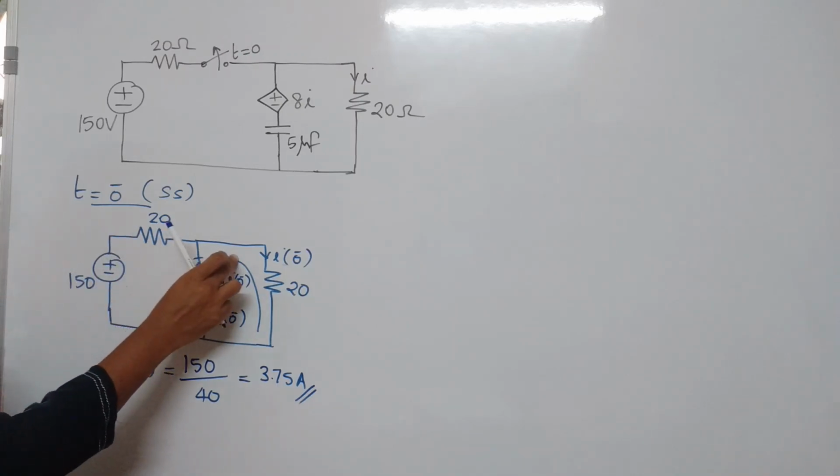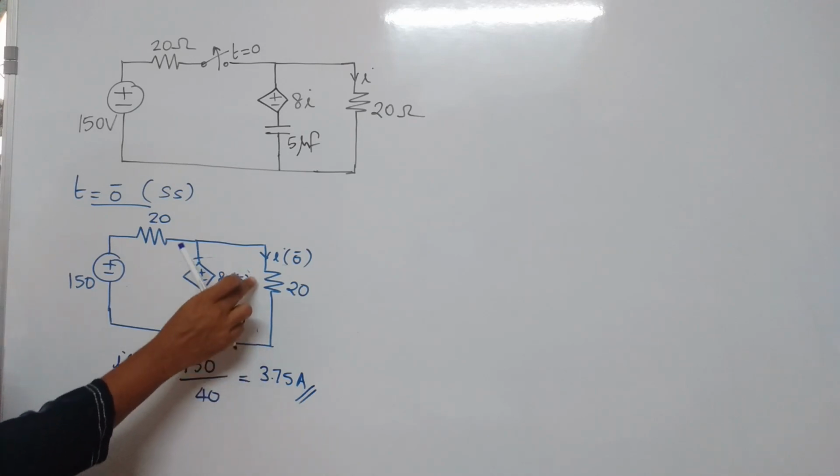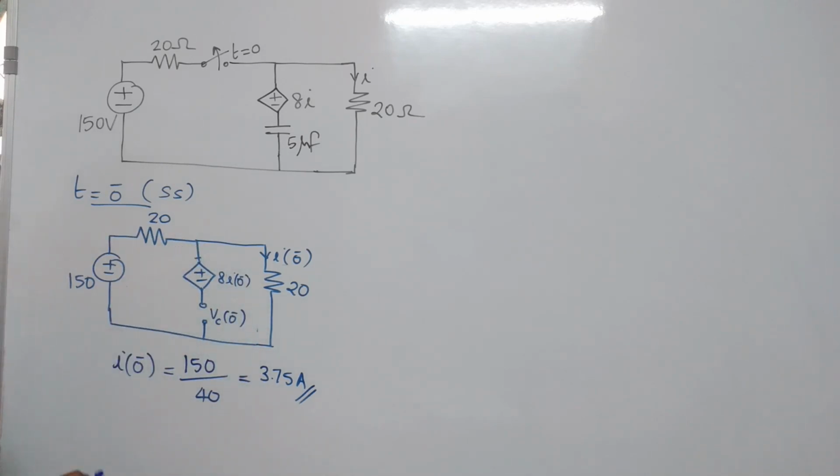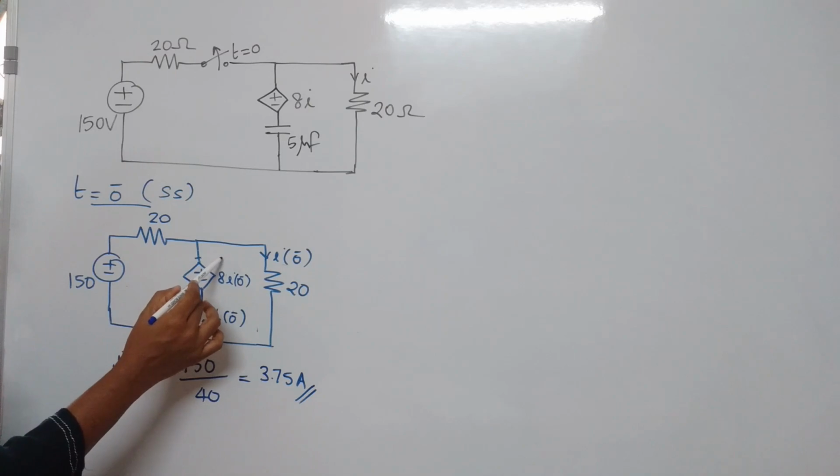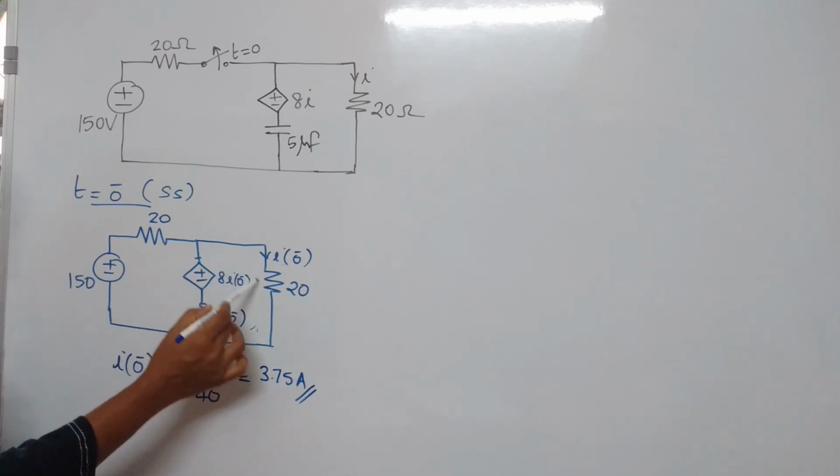Now let's find out VC of 0 minus. For that, take the second loop.